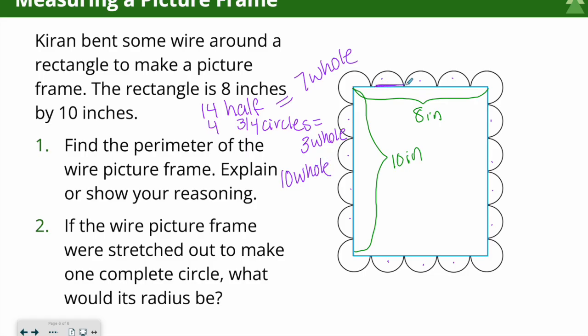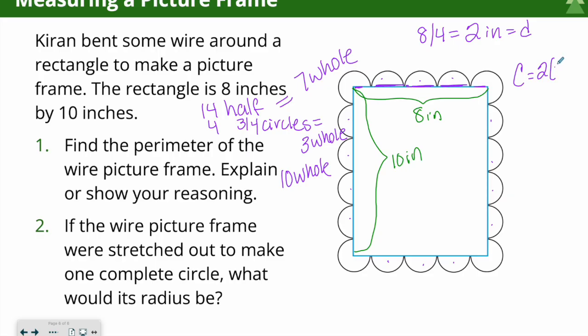Across the top, there are 1, 2, 3 half circles, so I have 3 diameters, and if I piece these 2 quarters together, that will give me 4. If we do 8 divided by 4, we end up with 2 inches for our diameter.